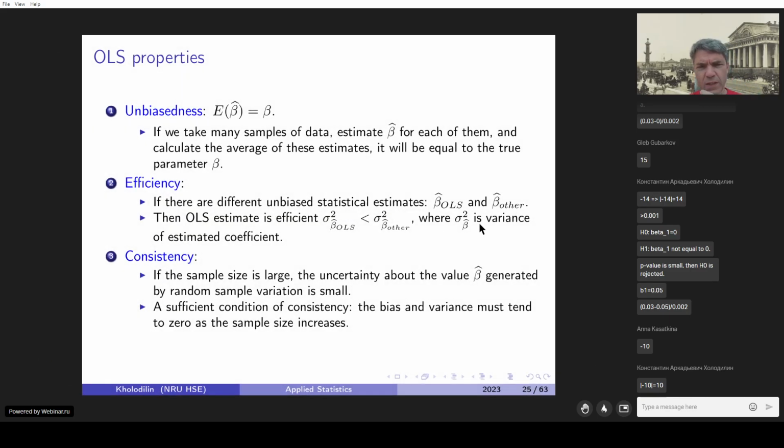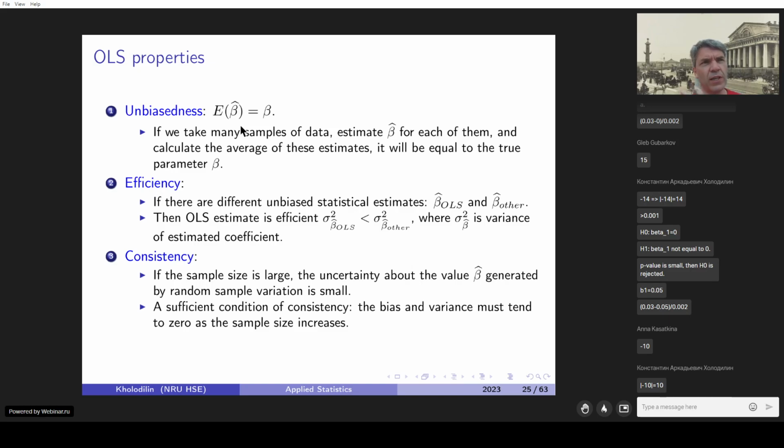Okay, so if it's clear, then we have still 7 minutes, and we'll talk about the properties of the OLS estimates. So the OLS estimates have some nice properties. They are unbiased. So there's no systematic deviation from the true value. So the estimated values will always be different from the true value, but there won't be a systematic difference.